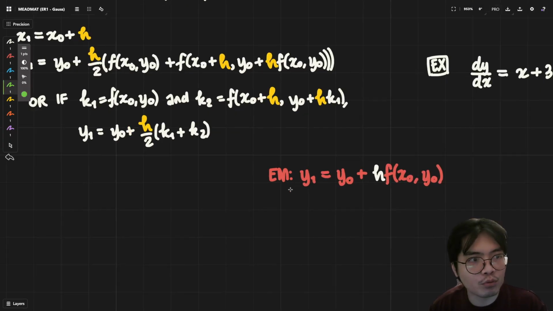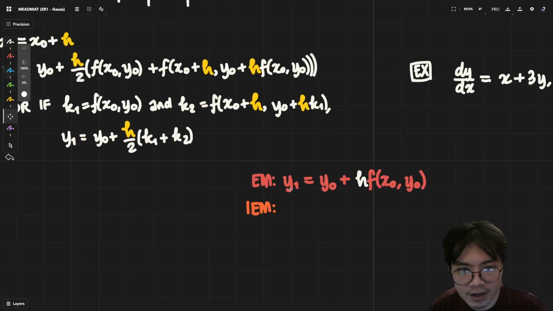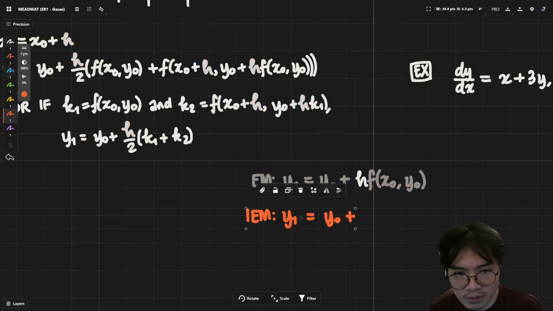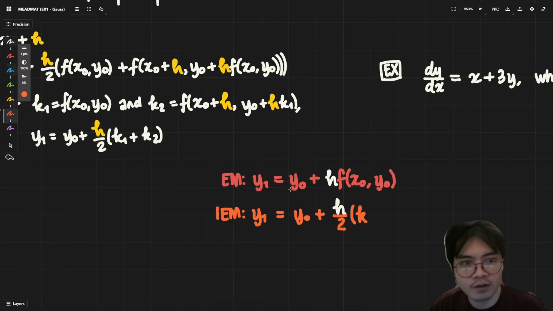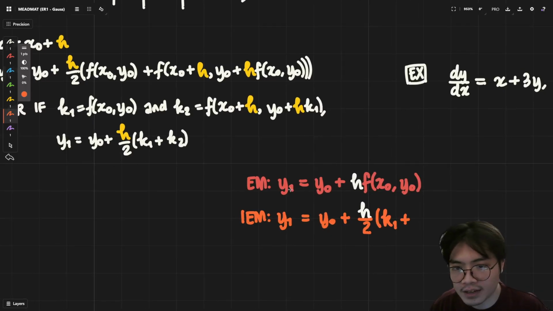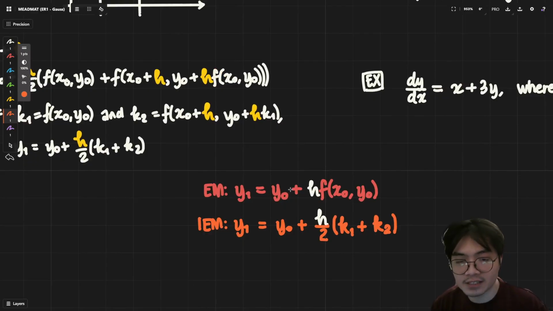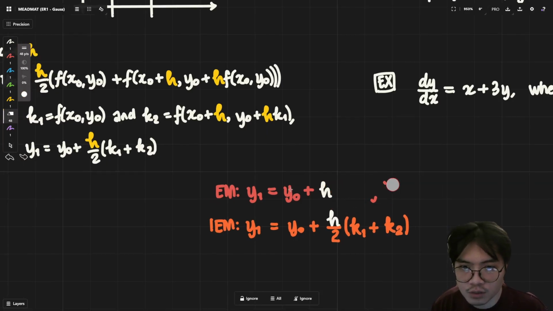And then in the improved Euler's method, what you will have in here is y1 equal to y0 plus, I feel like we should take this one down like that. There you go. And then we divide this by 2. We now get the average of k1 and k2. In this case, k1 and k2 reference different slope values, whereas this one, if you want, can just be labeled as hk1.